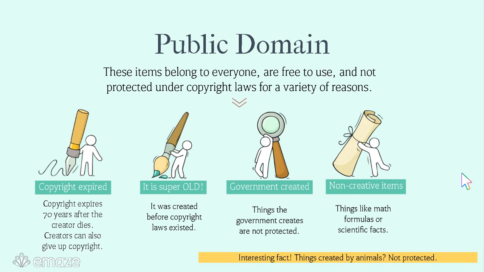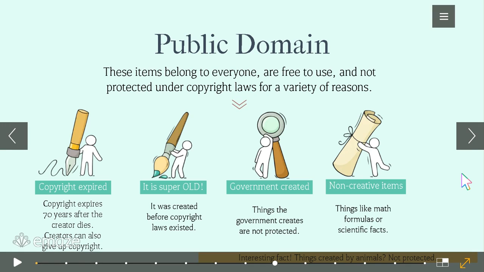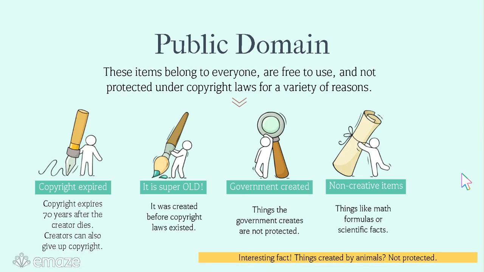Copyright expires 70 years after the creator of the work dies. Now, they estimate right now that anything created between like the 1920s and the 1960s, 85% of that is in the public domain. So the older things get, they drop into public domain. But sometimes creators can give up their copyright. We're going to talk about that briefly when we talk about Creative Commons.